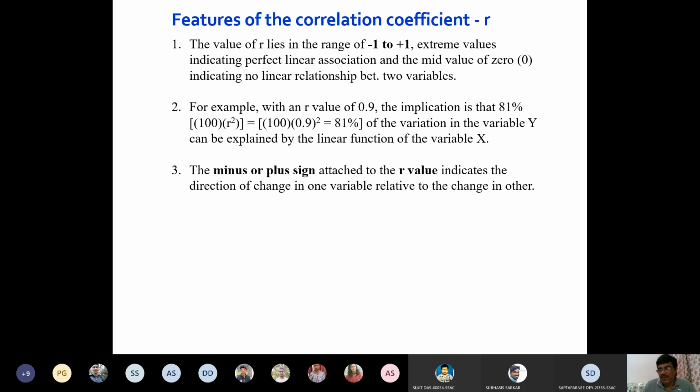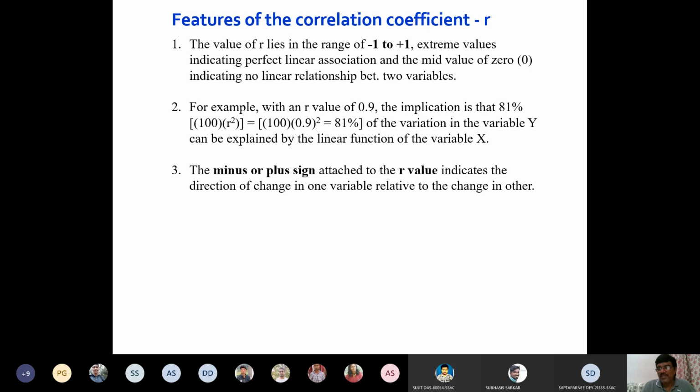Now you can know more about the relationship between the correlation coefficient and the coefficient of determination. The value of R lies, you remember, the correlation coefficient value ranges from -1 to +1. Extreme values indicate a perfect linear association, and the mid values are somewhere around 0.2, -0.1, something like that.